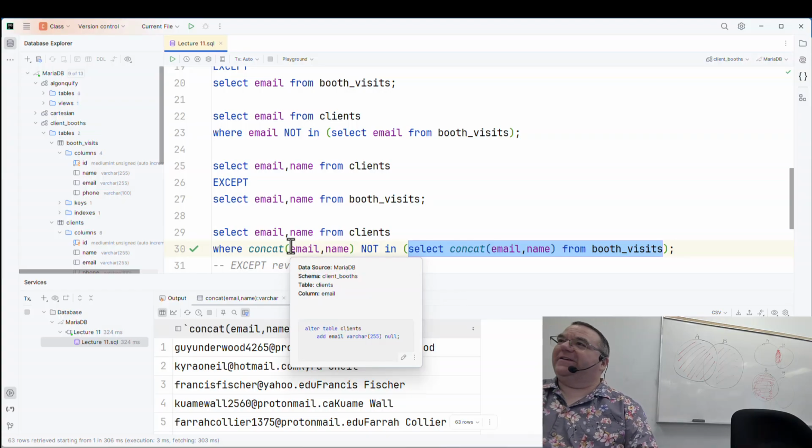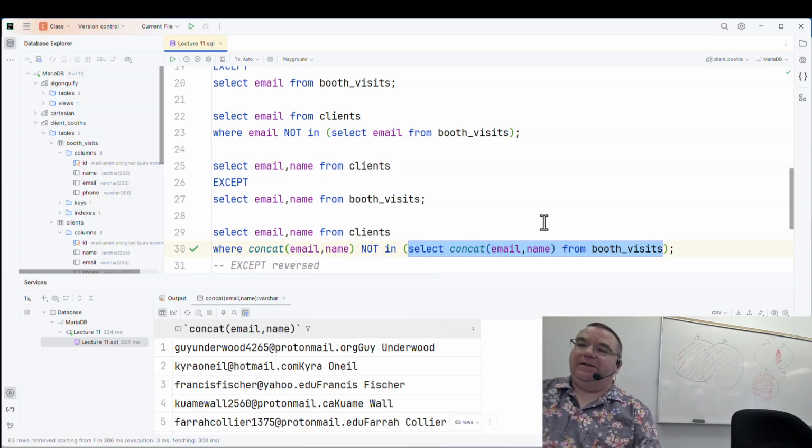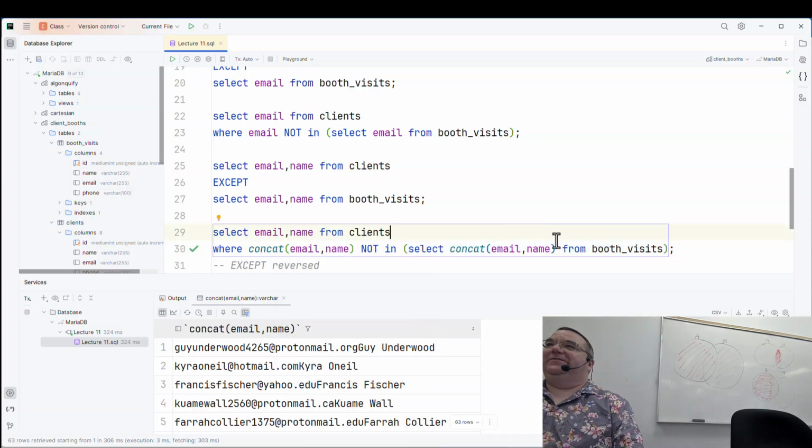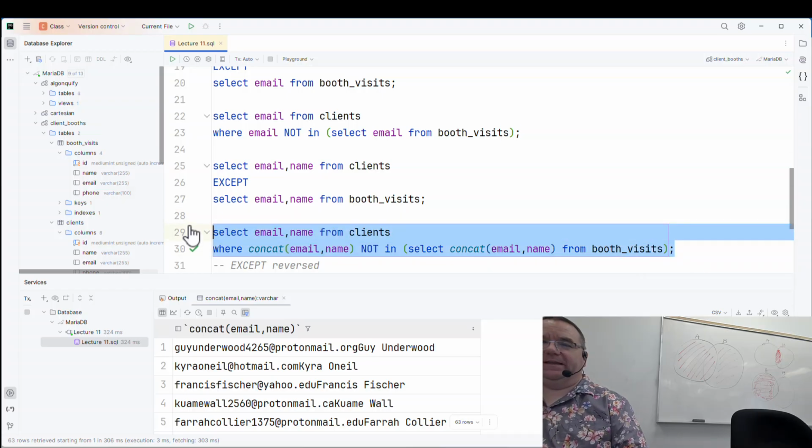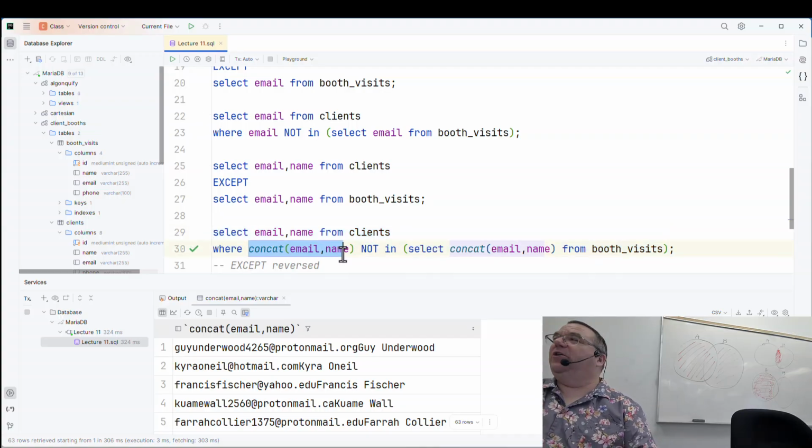And I compare it to the concatenated version of that field on the other side. This is not efficient. Just saying. It adds overhead to the query. Why? Because it has to concatenate every row on both queries before it even does the compare. It's gross. It'll work, but it's gross.